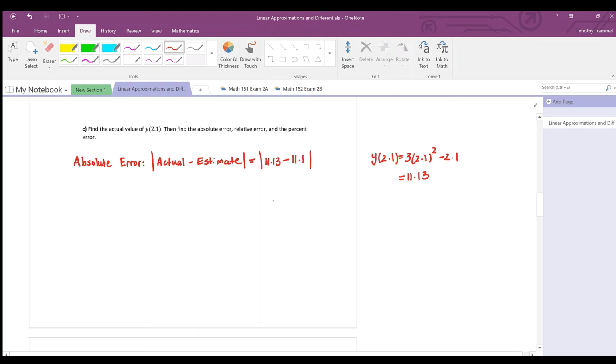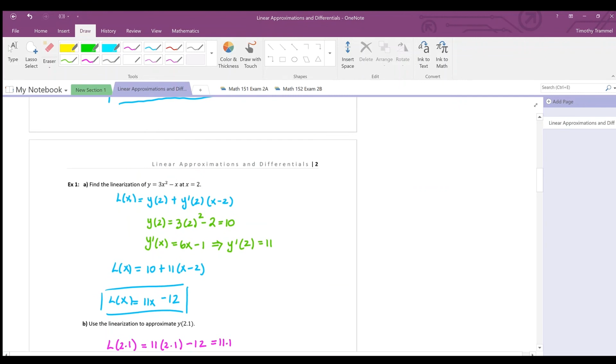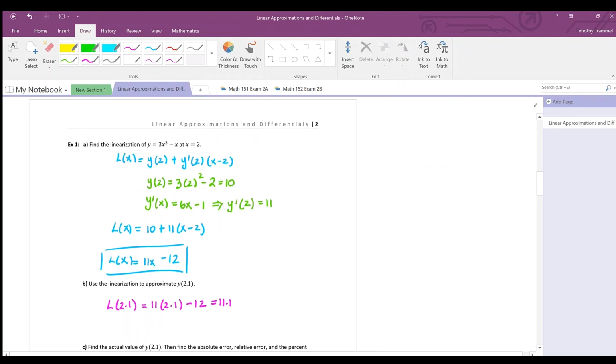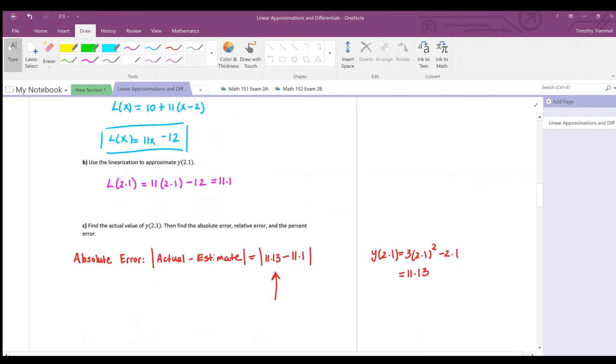I'm calling this one here the actual because y equals 3x squared minus x was the actual function we were working with to begin with. And I'm calling the other one the estimate because it's just our linearization. It's what we use to make the estimate. And so if we subtract these, we're going to get 0.03.